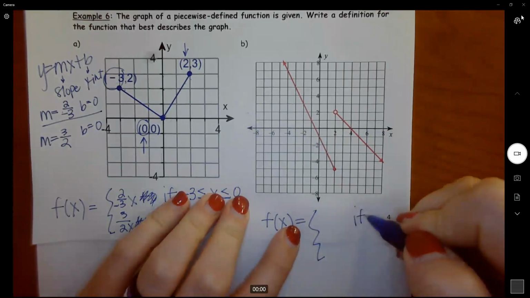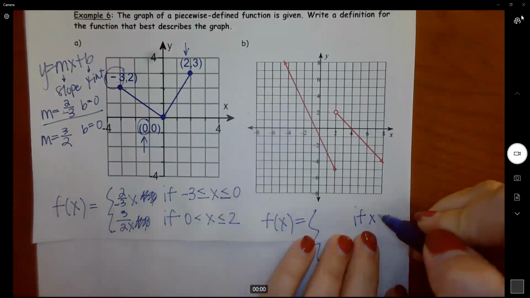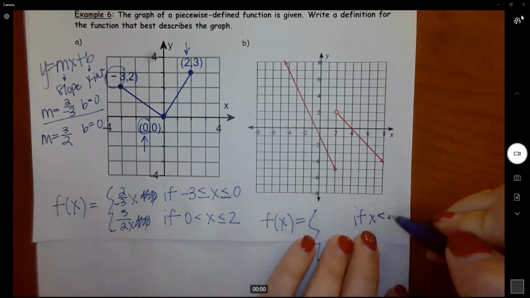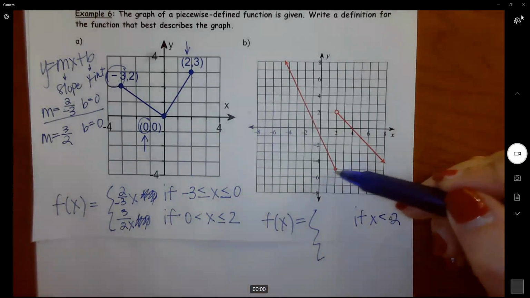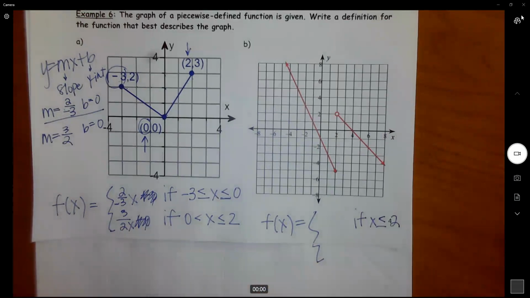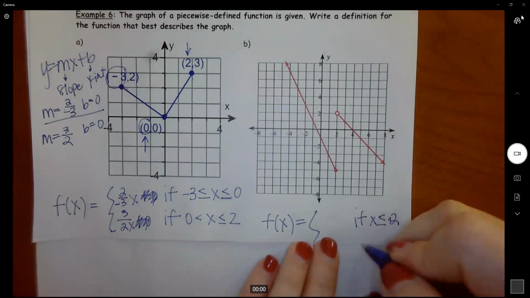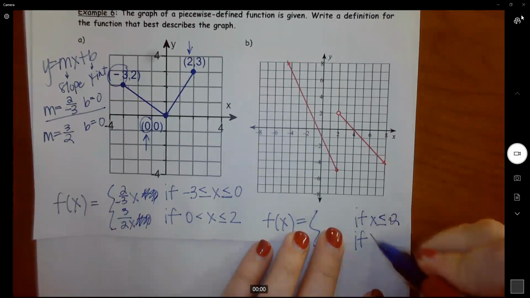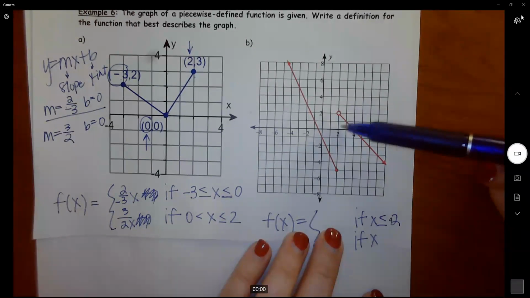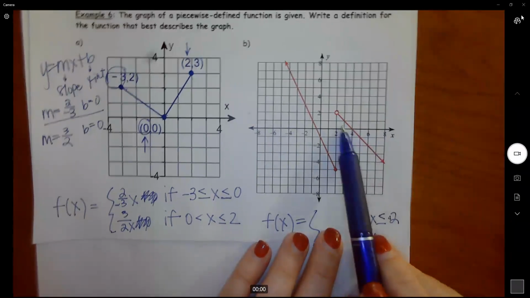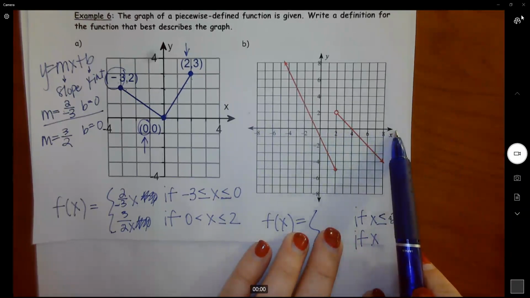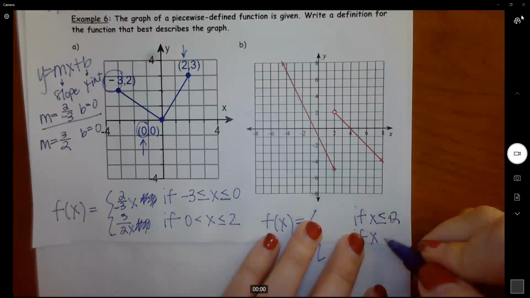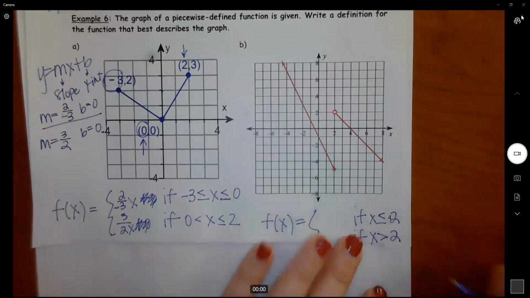So this is if x is less than 2. And I made a little bit of a mistake here. We already said this is a closed circle, so this is when x is less than or equal to 2. Then this one here starts at 2, but it's going to keep using all of the x values that are bigger than it. So this is x is greater than 2.